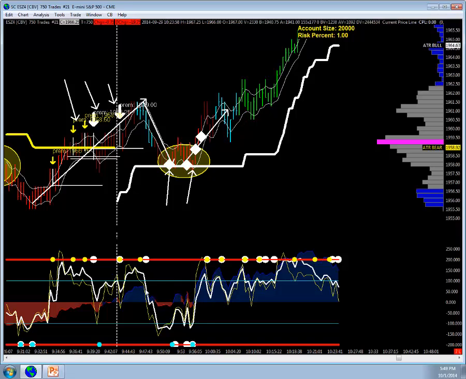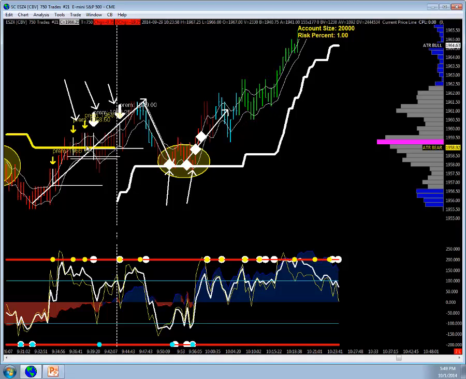So there are multiple sequences that occur throughout the session. We want to be in alignment with the next sequence. Now, if you get on here and it stalls and comes back down and stops you out, or it doesn't go anywhere, we can scratch the trade and wait for better development. There are times that we have seen, and we don't have time to go over this today, when we're range bound, prices will move up, break the ATR, move down, break the ATR, move up, break the ATR.